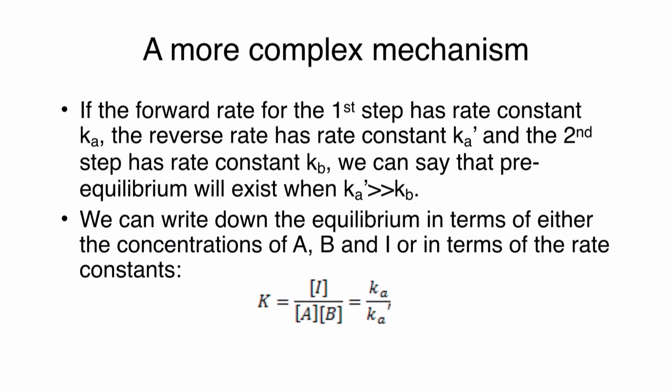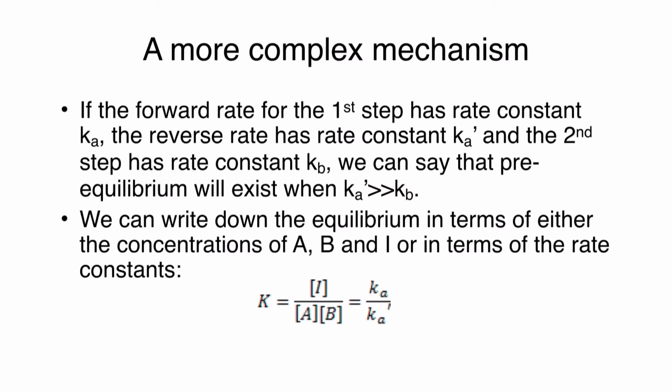Okay, I can write down the expression for the equilibrium constant, capital K instead of lowercase k, products over reactants. So in this case, the product is intermediate I. The reactants are the A and the B. So that's concentration of I over the concentration of A times concentration of B. But I could also write it in terms of the rate constants, the little k's.